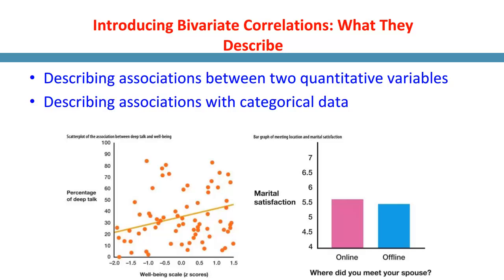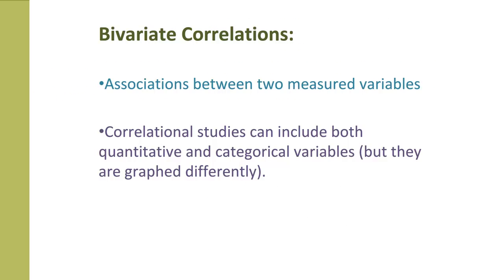So this is a correlation, an overall relationship between two variables. How are they related? The good news about bivariate correlations is that we've already talked about these. We've just been calling them something else. If you go back to the association claims from, I believe, Chapter 3, we talked about the different kinds of relationships you can have between two variables. You can have a positive association, so as one variable increases, the other increases.